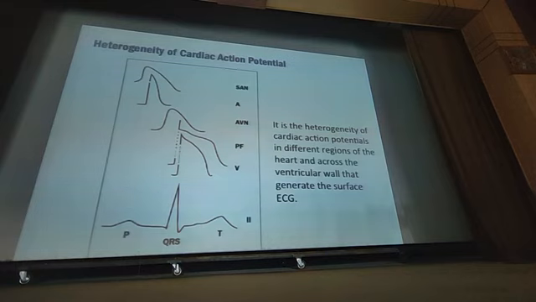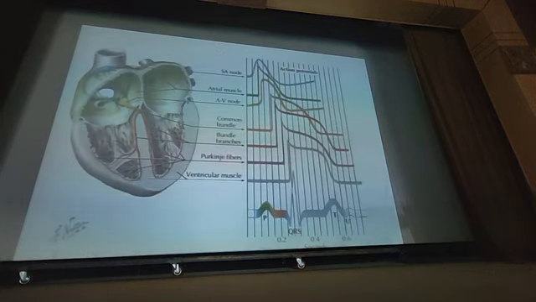Atrial and ventricular muscle have the action potential present in normal cardiac contractile cells, which is different from the pacemaker potential of the sinoatrial node and AV node. The pacemaker action potential is slow rising, not rapid rising. Heterogeneity in action potentials makes these different ECG waves.